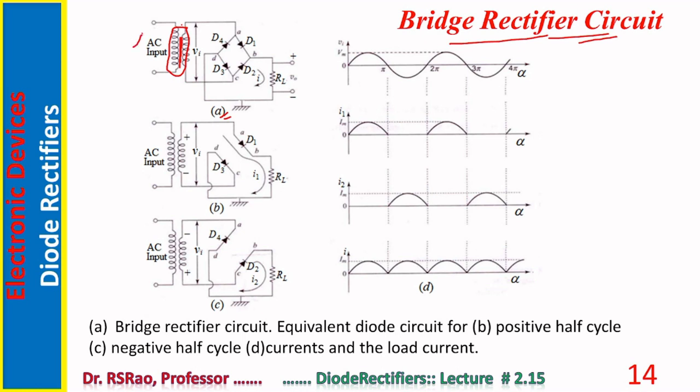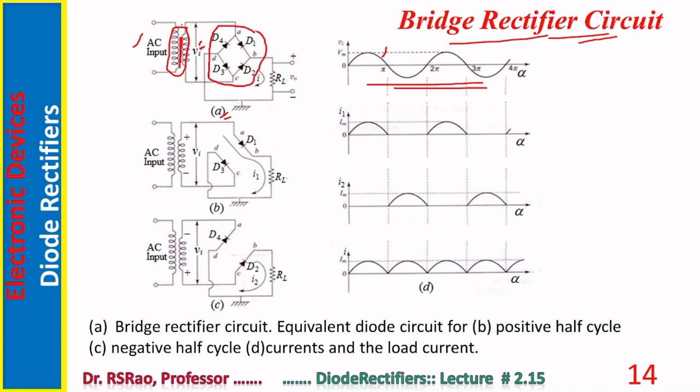Input is given here. It is usually stepped down and appears at the secondary. This Vi, as usual, appears like this because it is pure AC, and here we assumed that it is sinusoidal. This is Vi. Notice here is a bridge.